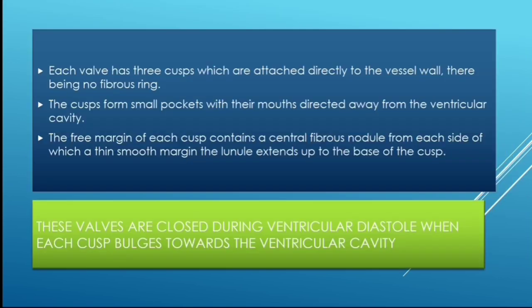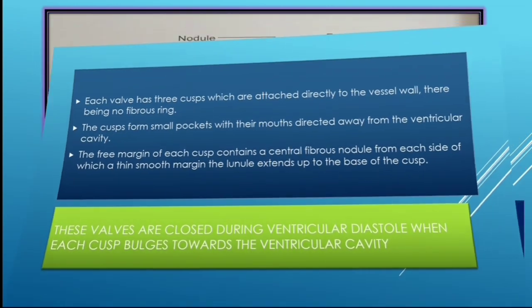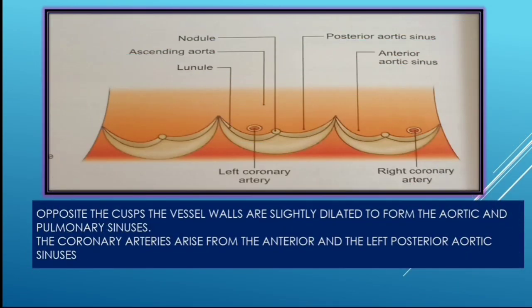The valves are closed during ventricular diastole when each cusp bulges toward the ventricular cavity. Each valve has three cusps which are attached directly to the vessel wall, with no fibrous ring. The cusps form a small pocket with their mouth directed away from the ventricular cavity.